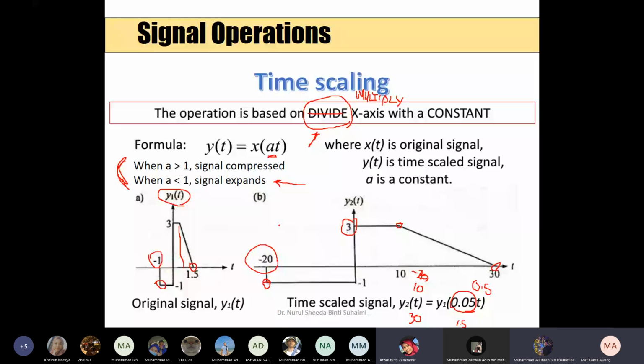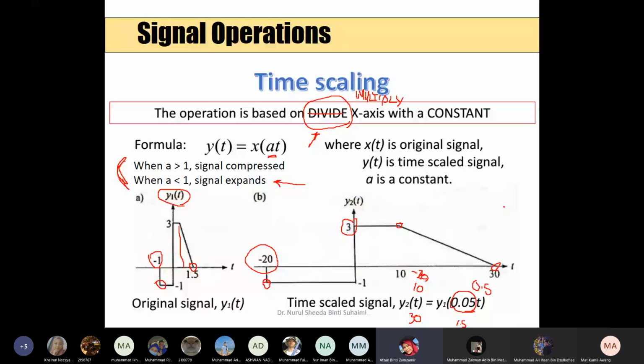I will edit these slides. The operation is based on the multiplication of the x of t with a constant. I just change this word, then everything will be the same. Clear? Multiply by constant. Clear?